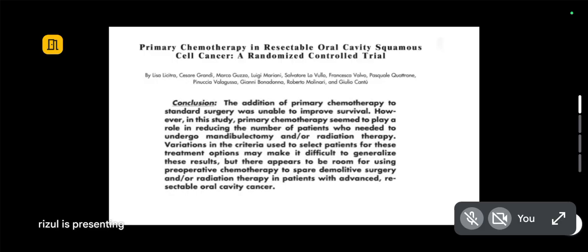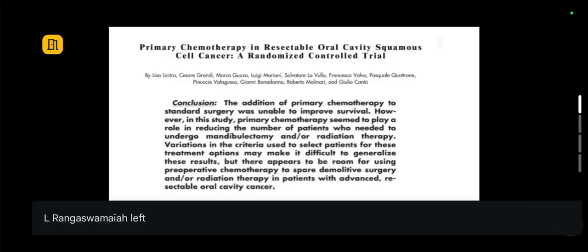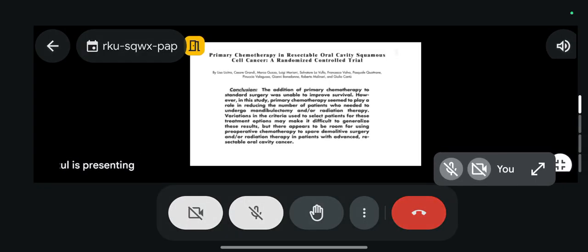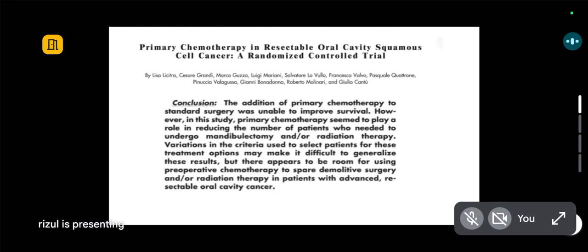Are you sure? This trial was for resectable tumors, mainly T3, T4A tumors. By this trial it has been shown that there was no overall survival benefit by giving induction chemotherapy in resectable oral cancers.